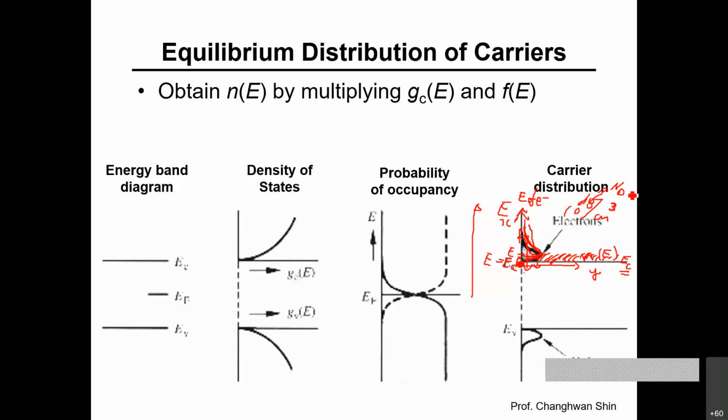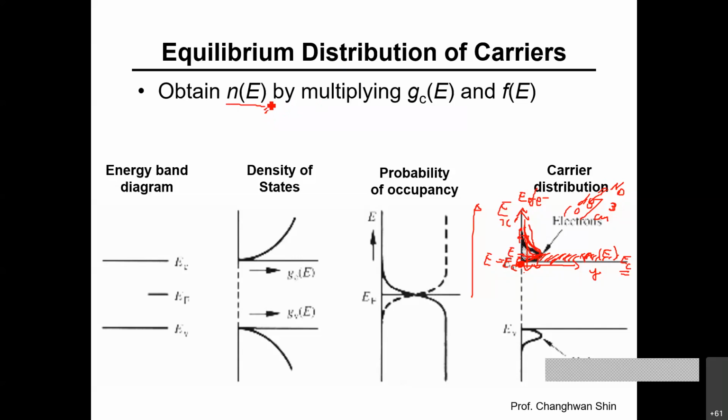Then, the total number of electrons, which we have already known, depends on the doping concentration. However, the question is how many electrons can be found at a certain energy level in the conduction band? It's a very tricky question. So for that purpose, we should obtain the N of E. Okay? So here in this lecture note, the answer can be found.